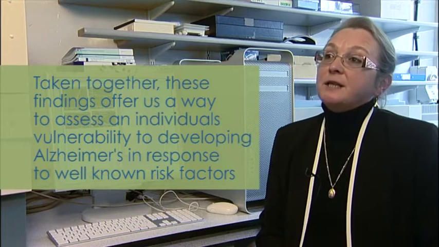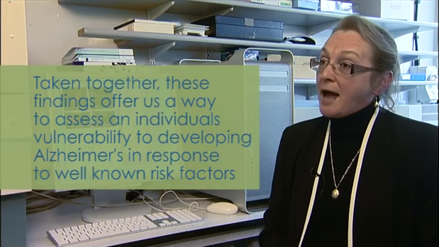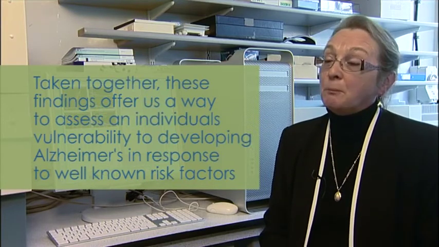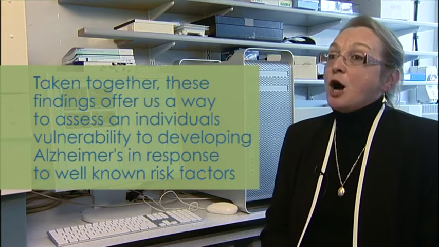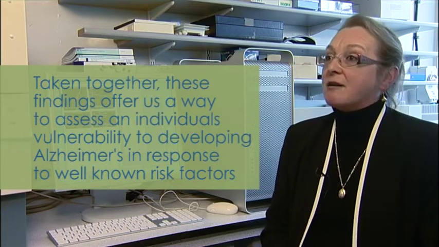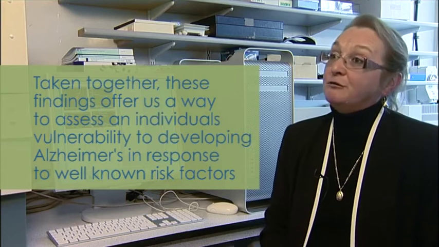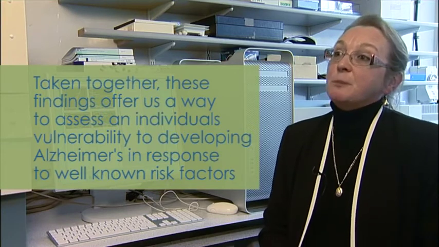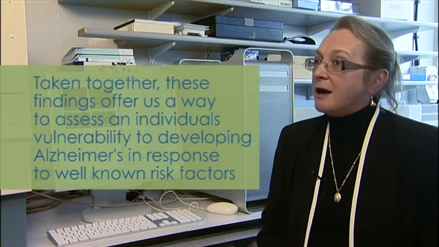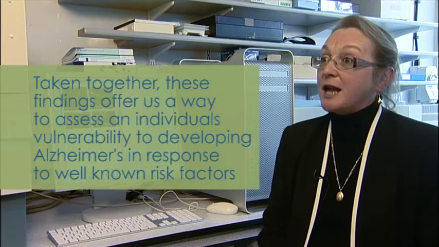This means, taken together, that the dysfunction of this pathway, which we can detect from blood cells, is a constitutional characteristic of an individual, and it makes them very vulnerable to any kind of insult that affects their brain.